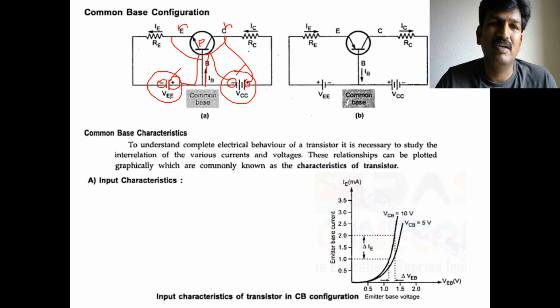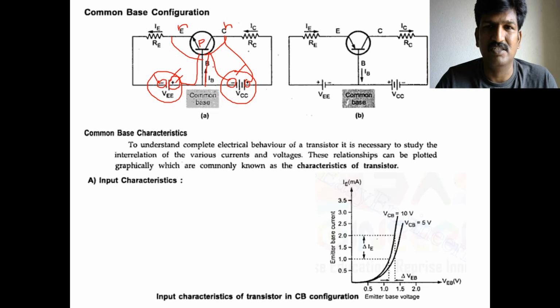Appropriately, we have to give the power supply like this. You should remember the polarity of the power supplies, what polarity of the signal we have to apply to the base as well as the emitter and the collector to satisfy the criteria of base to emitter junction forward biased and base to collector junction reverse biased.